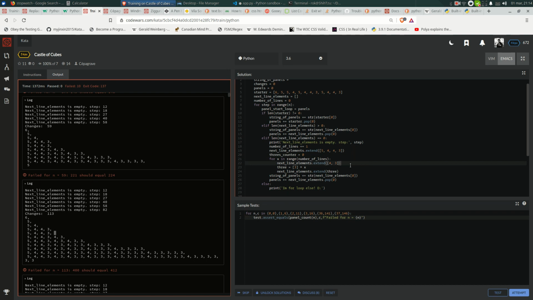So it says threes counter is 0, and for x in range number of lines, so then we say, do we really need, no, we do not need 3, we only need number of lines.